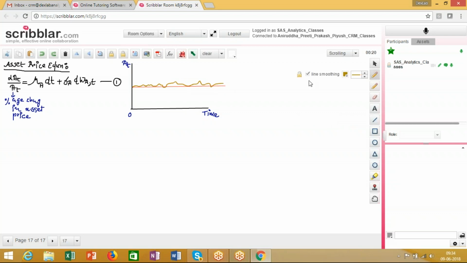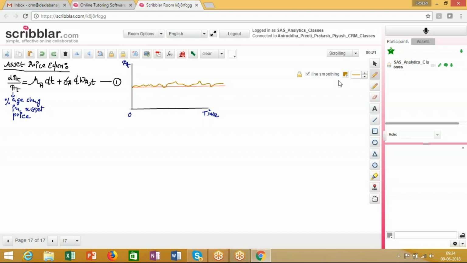So what I have is an asset price path, and this asset price path will be represented by its average.